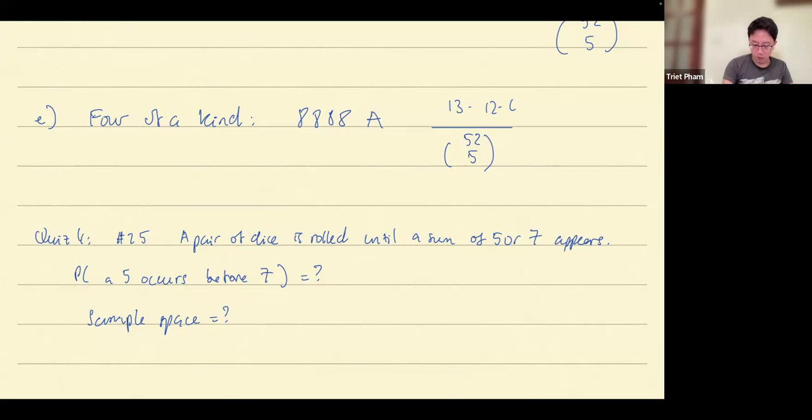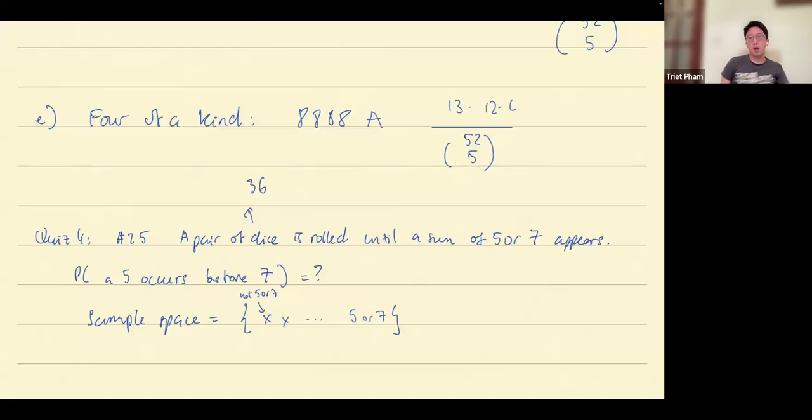So your sample space is a collection of, let's say, sequences that I'll just represent as x's, like that, where all the rolls before are not 5 or 7. When you roll a pair of dice, you might as well think of it as having 36 possible outcomes.